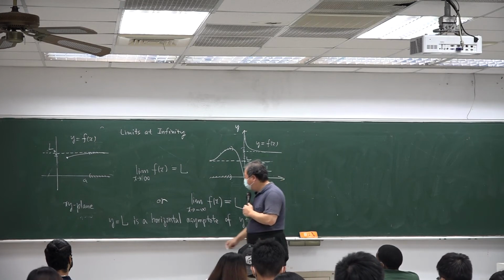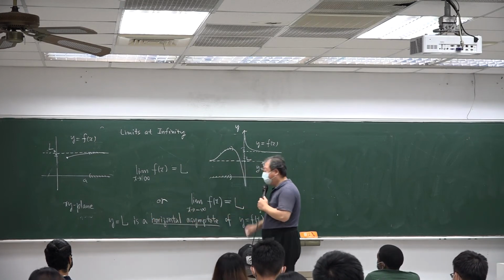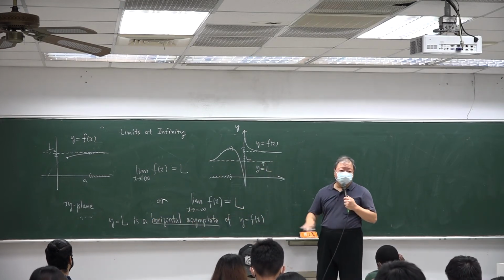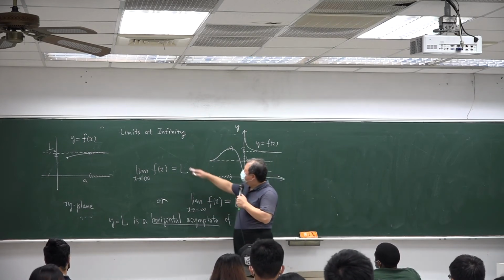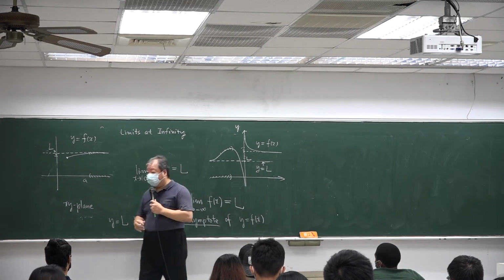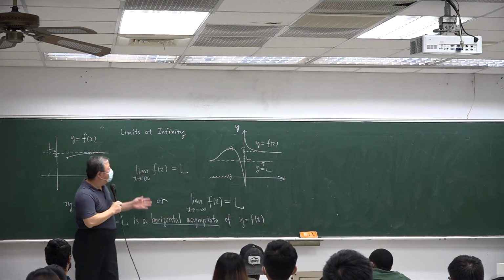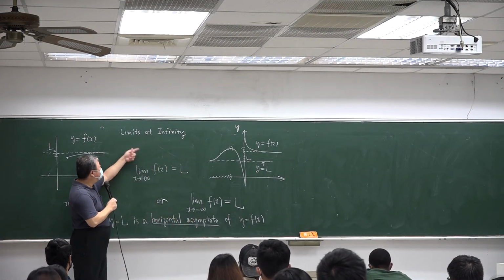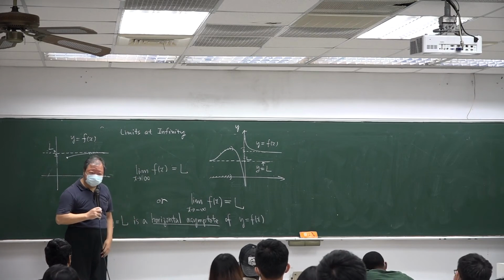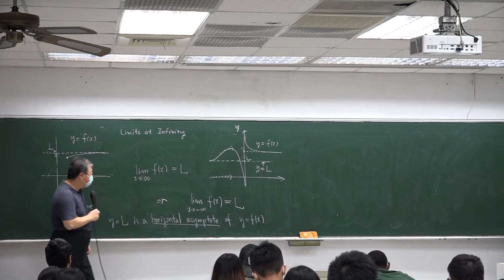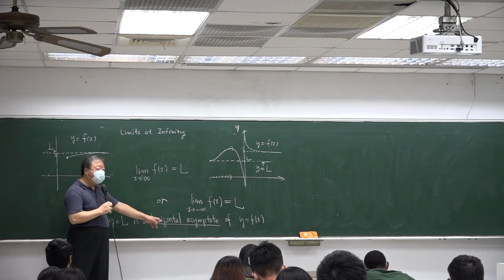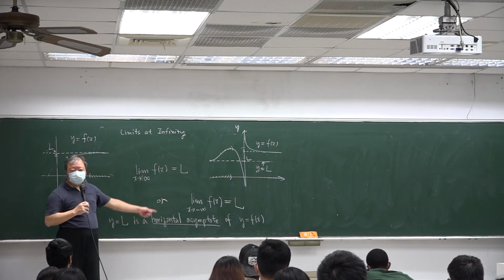Horizontal asymptote. If a limit at infinity exists, then we say y equals this L is a horizontal asymptote of the graph.